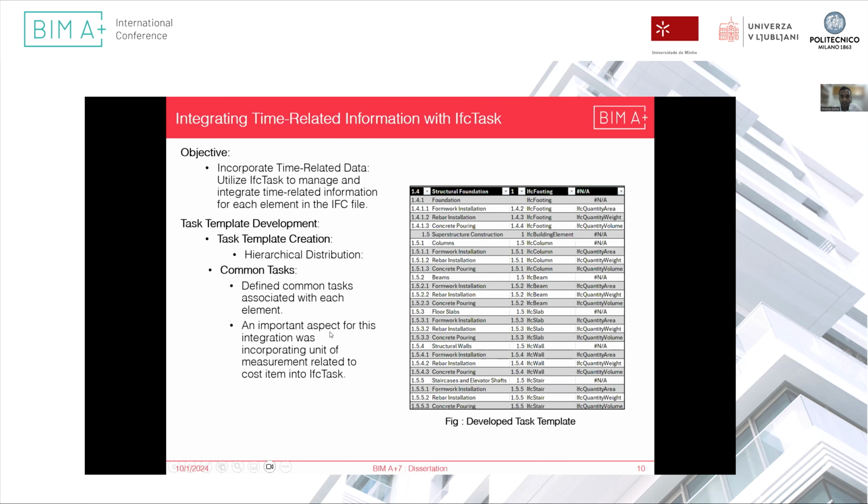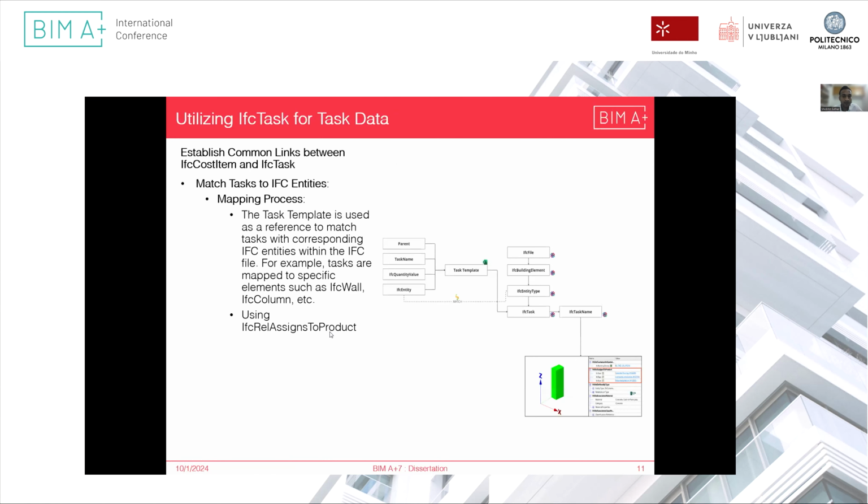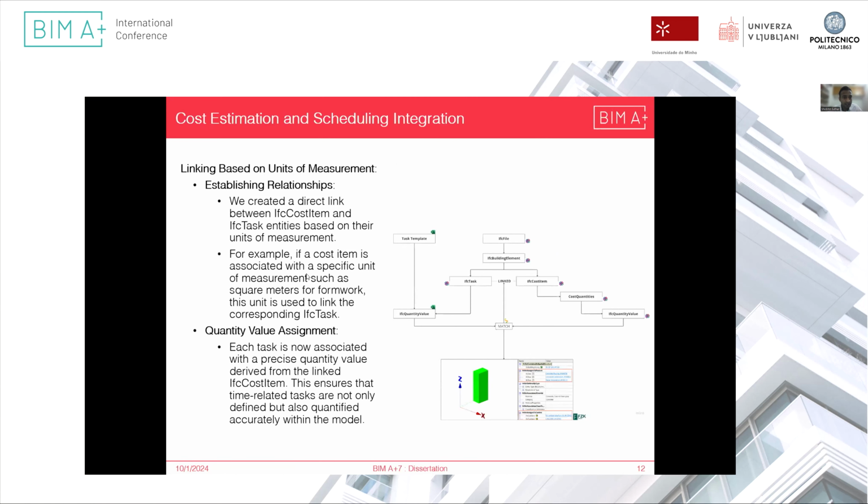Once the IFC task has been integrated into the IFC file, we make a common connection between IFC task and IFC cost item. As you see in this diagram, IFC cost item has IFC cost quantities, which have their own attribute, which is IFC quantity value.